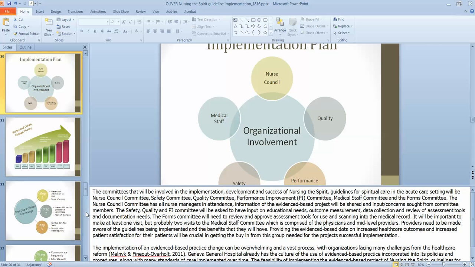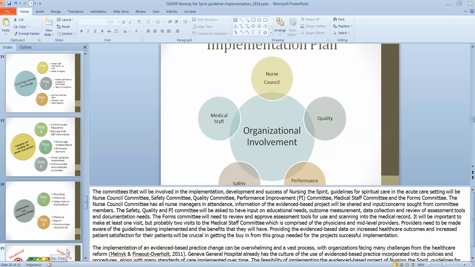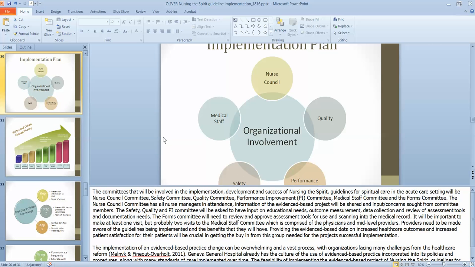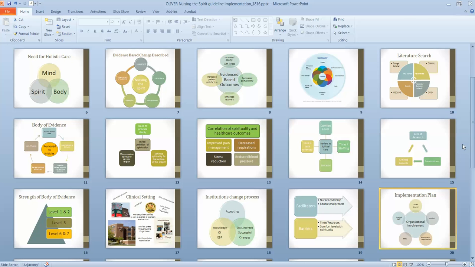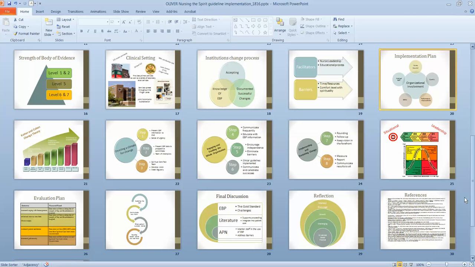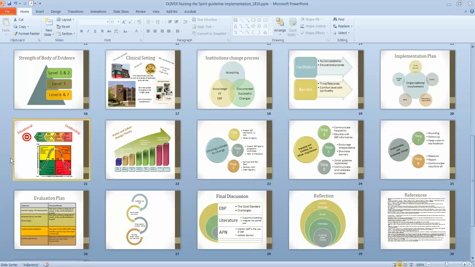So I think slide number 25 should really be right after this slide 20. So 25 should be after 20. So let's see, here is 25, and that should be really right over here. And then you should have that flow from the implementation plan talking about the leadership theoretical framework and then the Kotter and Cohen change theory.